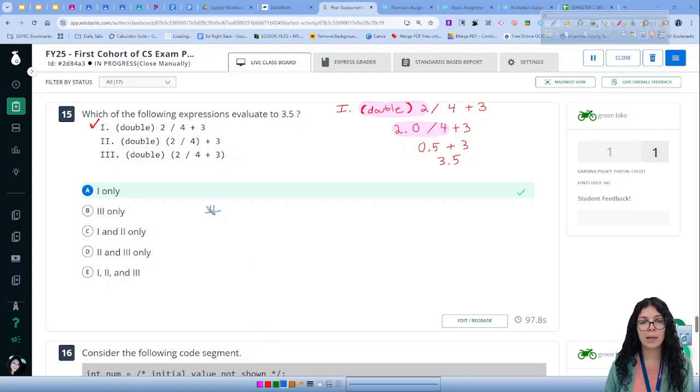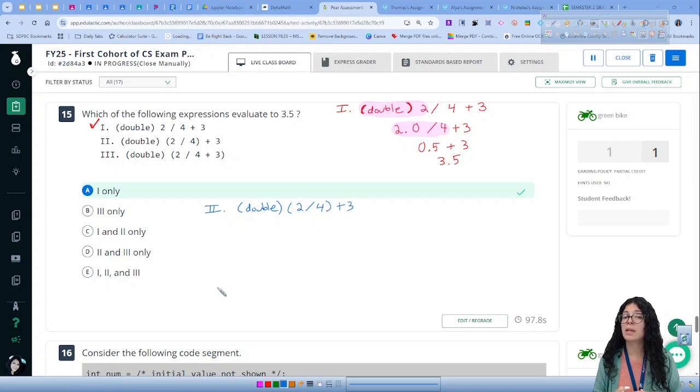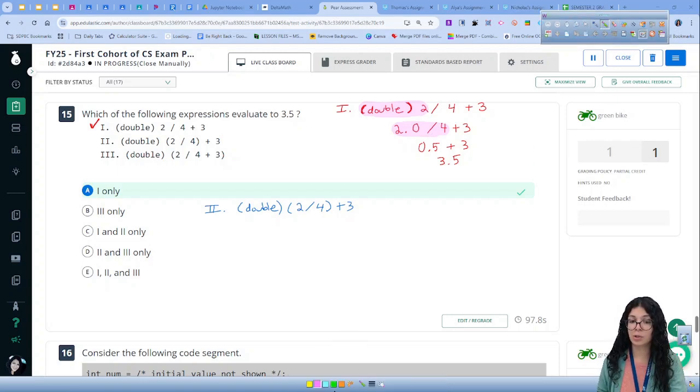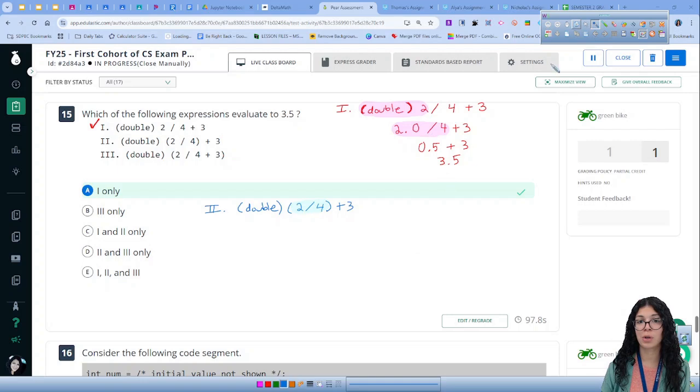So the second one has double, and then in parentheses, it has the 2 divided by 4, and then a plus 3. Order of operations says I do parentheses first. So on this question, I will actually do the division of 2 divided by 4 first, which means I'm doing integer division.